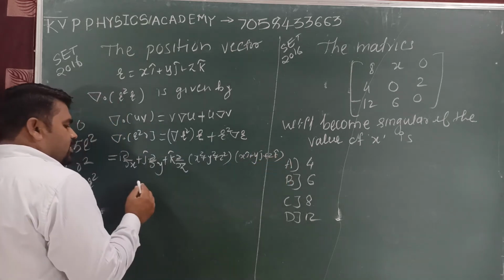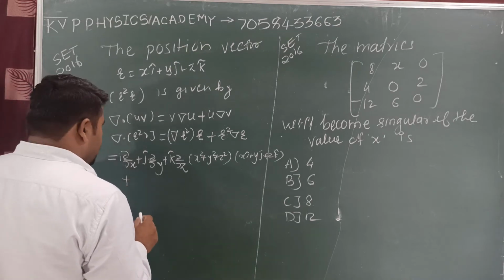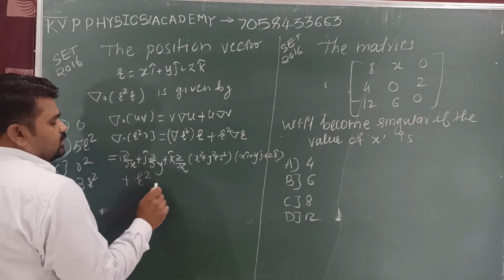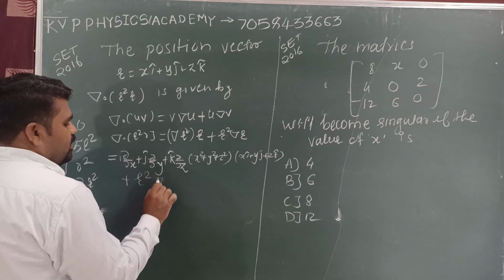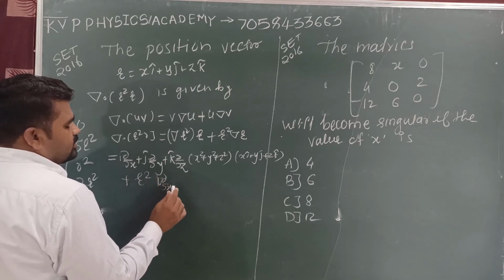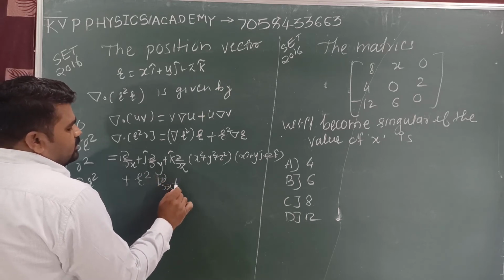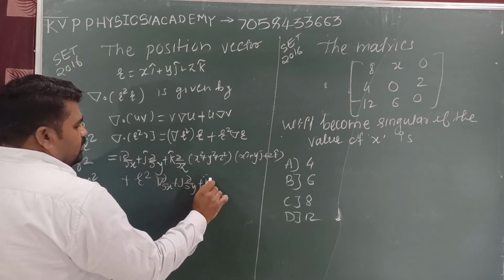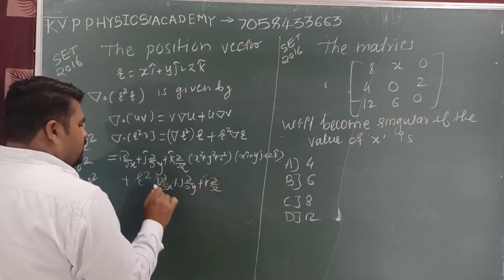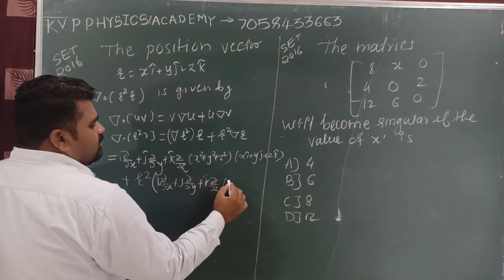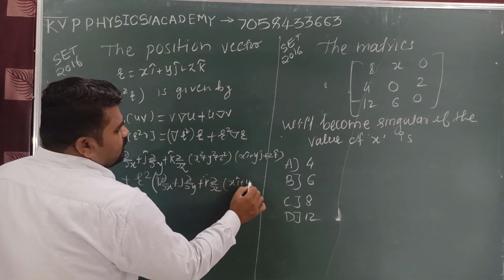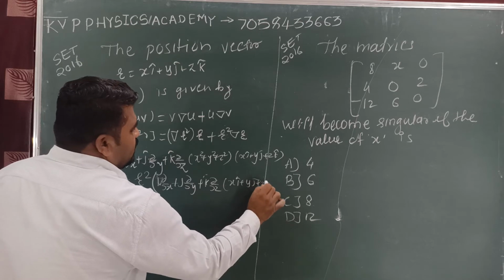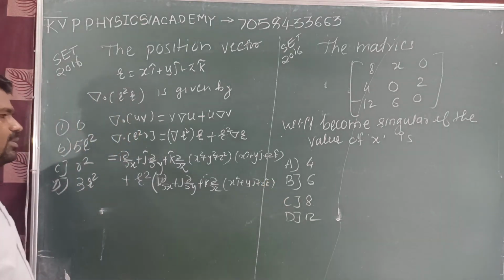Got it? Plus the second one, r square outside, del means i dab upon dab x plus j dab upon dab y plus k dab upon dab z. And what is the value of r? R is nothing but x i cap plus y j cap plus z k cap. Got it? Solve one by one.